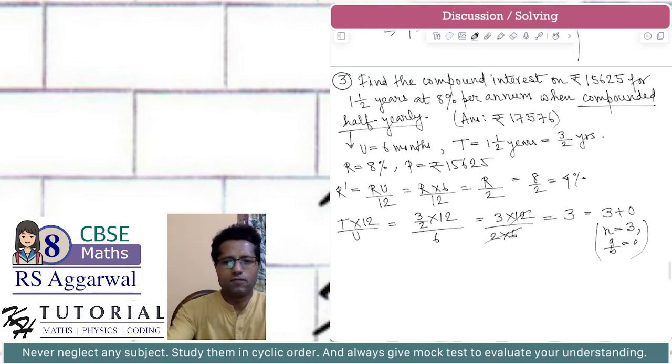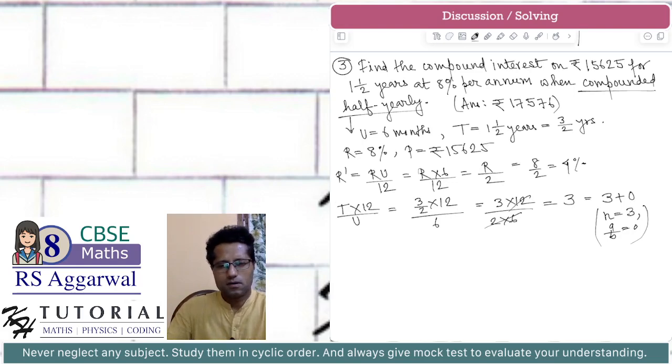Okay. So, now if we apply the formula, A is equal to P into 1 plus R dash by 100 to the power small n, and 1 plus a by b R dash. So, this is the general formula.